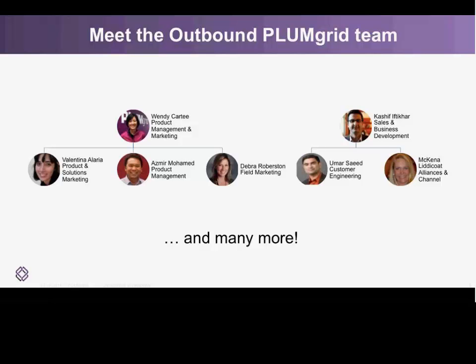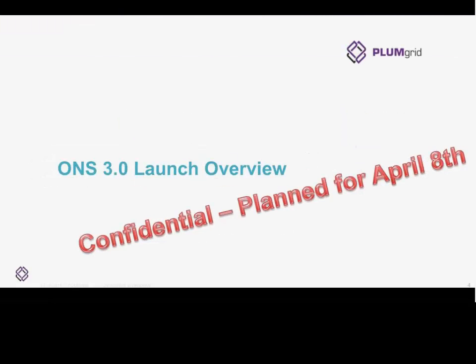So the core of this presentation is around ONS 3.0 and what's in the release and what we're going to be launching next week. Obviously, all the information that we're going to discuss tonight is PLUMgrid confidential. The launch is planned for the middle of next week on April 8th, and it's very sensitive information that should not be shared outside of this audience.